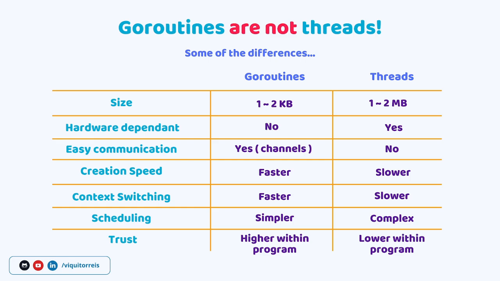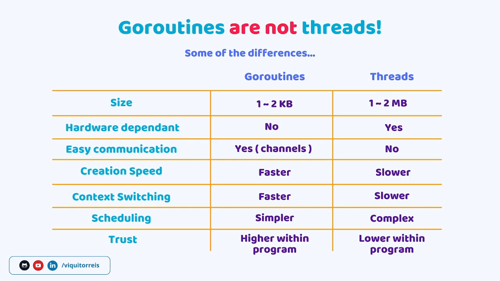You also have the creation speed. As the goroutines are much smaller, they can be created much faster, right? You have context switching, and switching between goroutines is much quicker than switching between OS threads because the Go runtime minimizes the overhead when switching between tasks, which improves performance when running multiple routines, right?